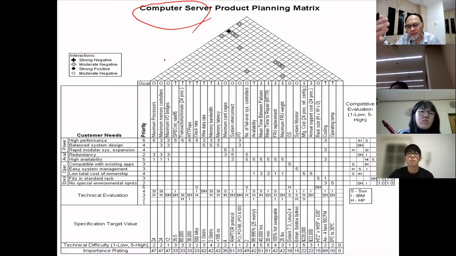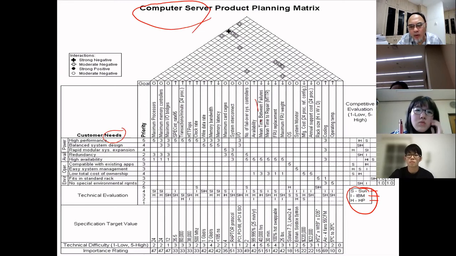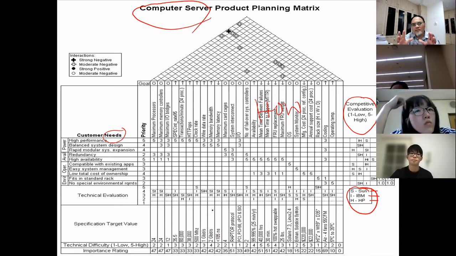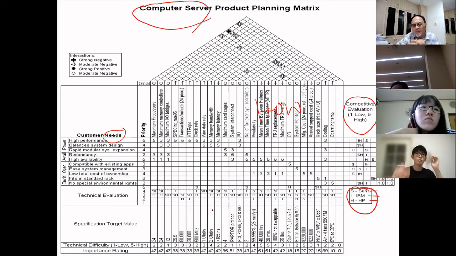Of course, this is a bit old, but this is Sun, IBM, Hewlett Packard. So this is their customer needs. This is the how, and this is competitor evaluation. And then you scoring. Okay, you can see the scoring down there if you can. So this is a full, complete QFD. Okay.